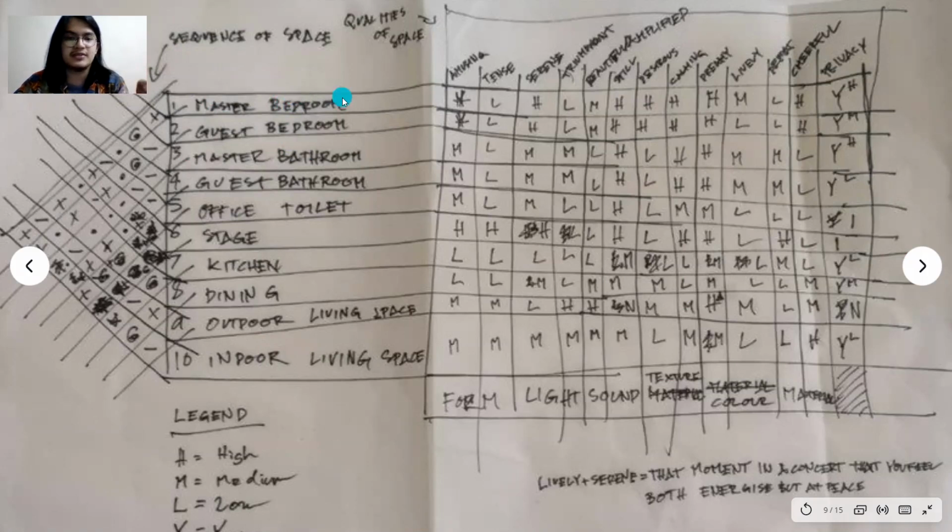So the master space is a master space, the guest space is a guest space, the office space is the office and toilet, the stage is a space by itself, and the kitchen, dining, and indoor living space are spaces by themselves.